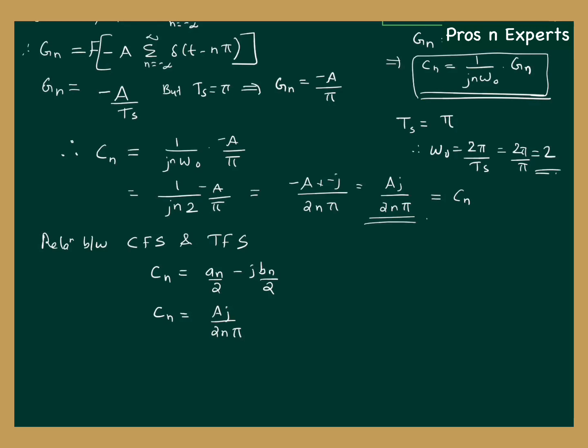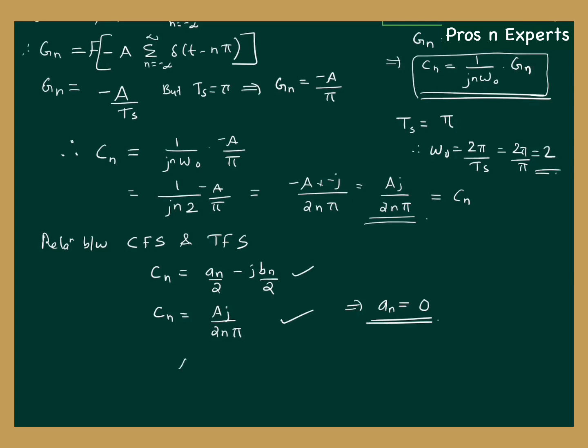All right, by comparing these two equations, you can simply see that there is no real part in Cn, because you can see only the complex part. Okay, so an by 2 is 0, that becomes an equal to 0. And what is bn? You can compare these two terms. These two terms are complex terms.